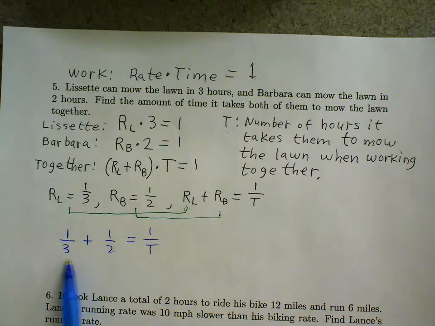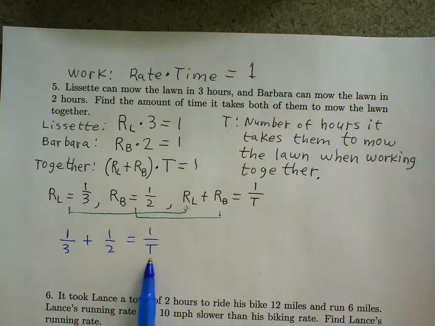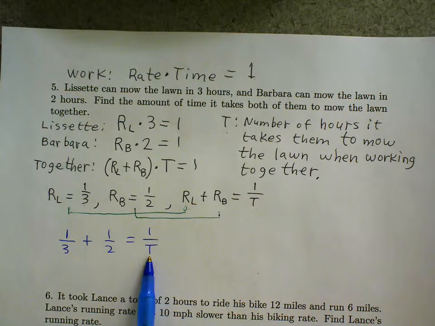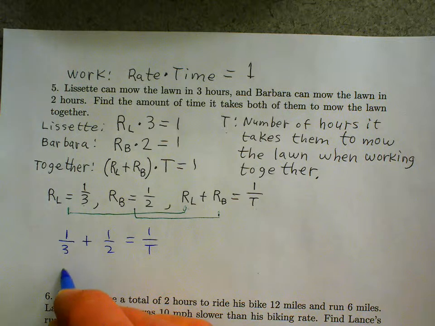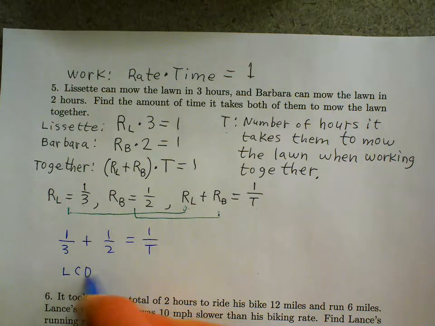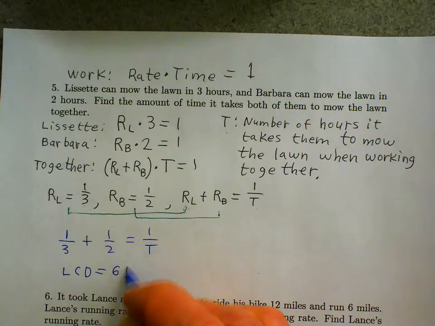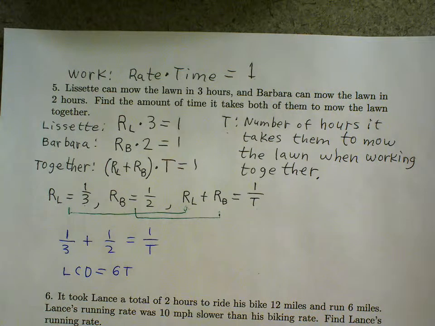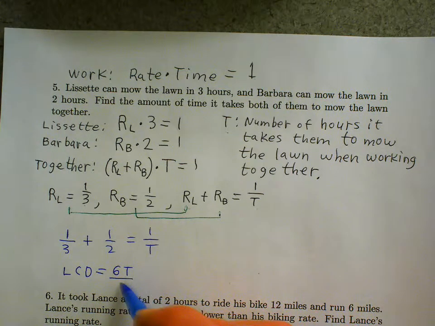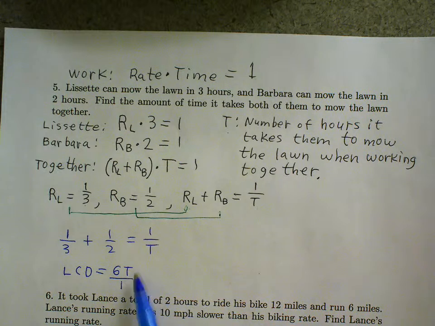This is an equation with rational expressions. The variable that we want to solve for is in the denominator. So the procedure is to find the least common denominator. The 3 denominators are 3, 2, and T. So the least common denominator is 6 times T. You can, if it helps, think of 6T as 6T/1, so that you remember that 6T is in the numerator.